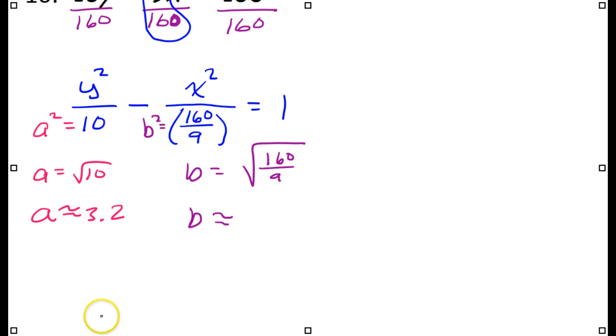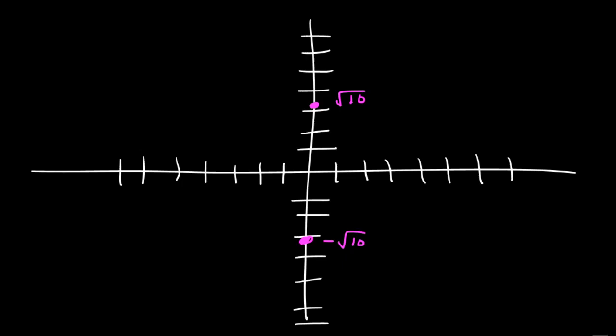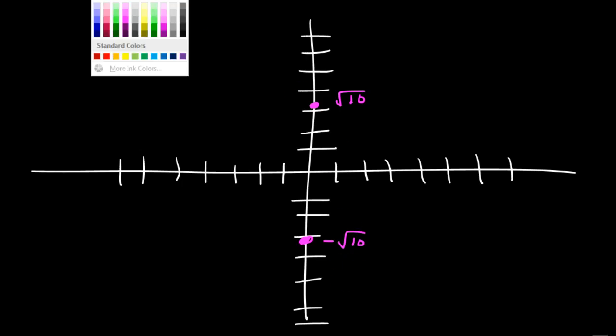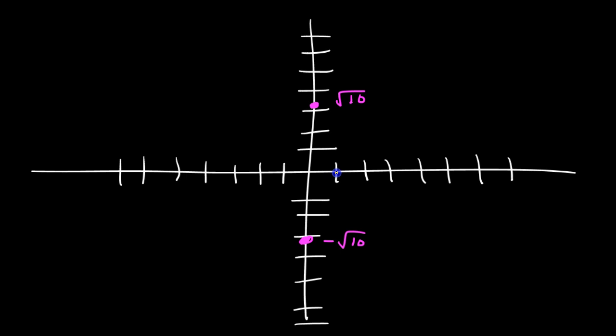So what's that? Turns out that's approximately 4.2. Okay, this is going to be in the x direction because this is the x term. So I'm going to go about 4.2 in the x direction. So 1, 2, 3, 4.2 would be about here, and about here on the other side.